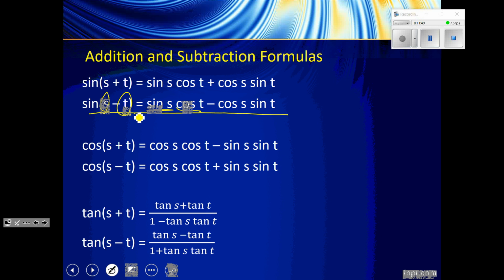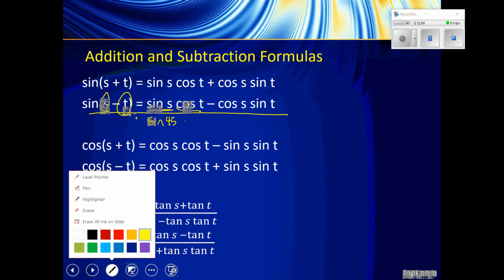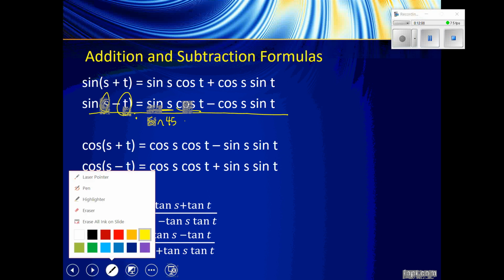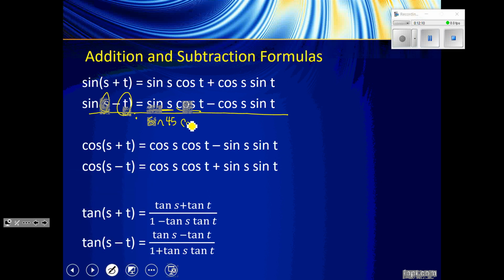Does that make sense? Based on the formula? So this would be sine of 45 times cosine of 30 minus cosine of 45 times the sine of 30. So I think that's the way we set it up.